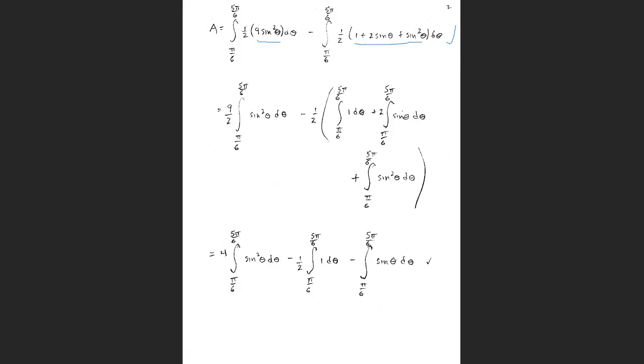So what I do then is, for the first integral, I take my half and I take my 9, and you get 9 halves. I bring that out front of the integral, and then the 1/2 I bring out in front here. I'm going to be taking the integral of a sum of 3 functions here. Well, that's just the sum of the integrals.